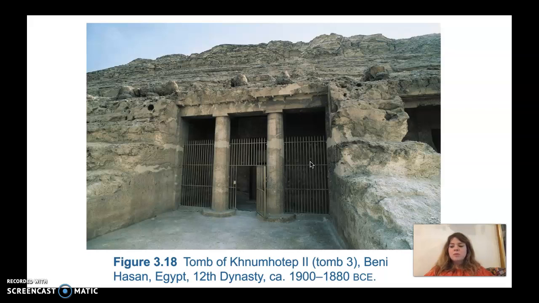The columns serve no supporting function in a lot of these tombs. Since the tomb is cut from the rock, the columns are not really supporting anything. If we removed these columns, this would still remain stable. So they're more of just a decorative item.